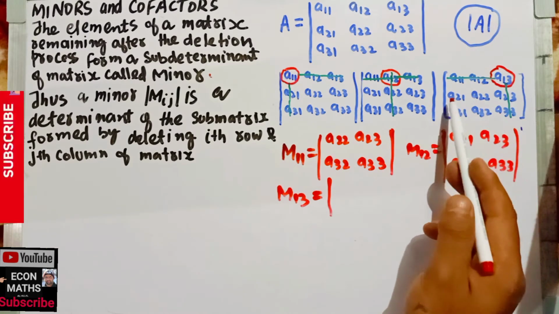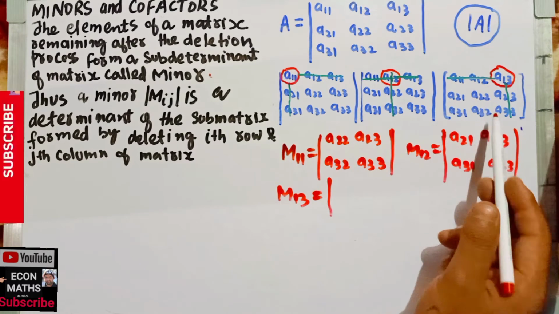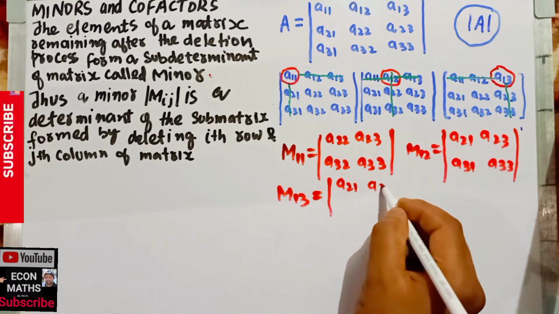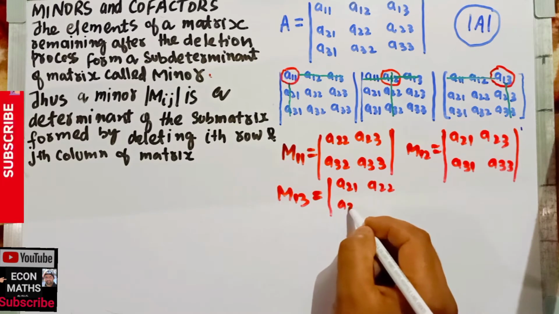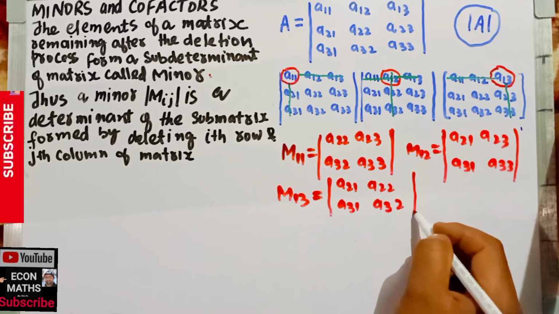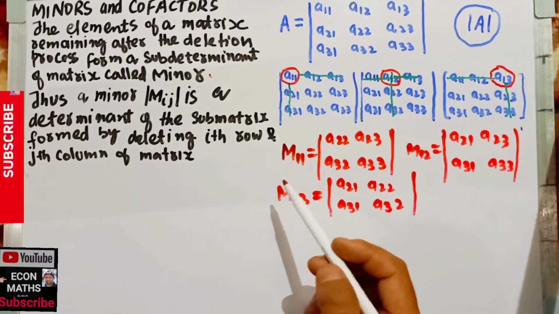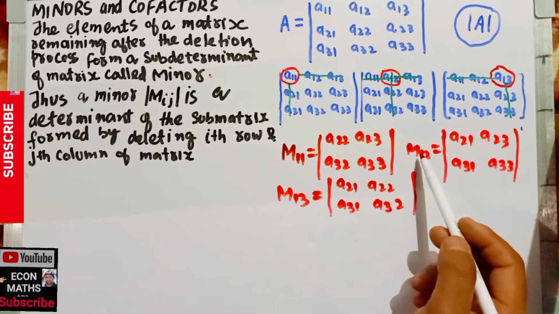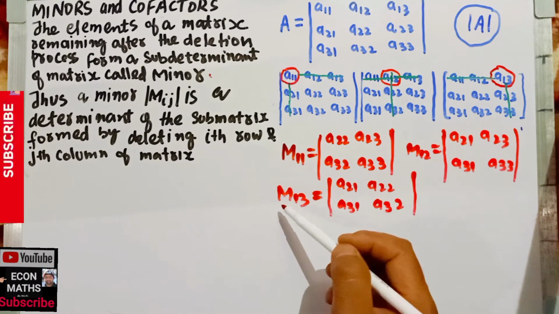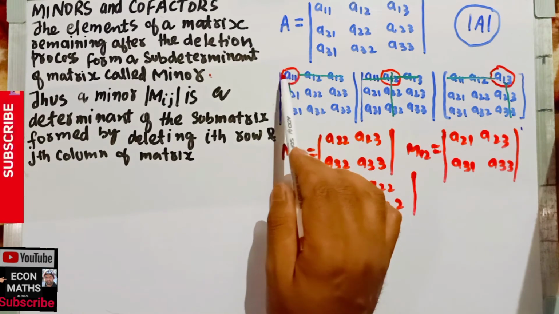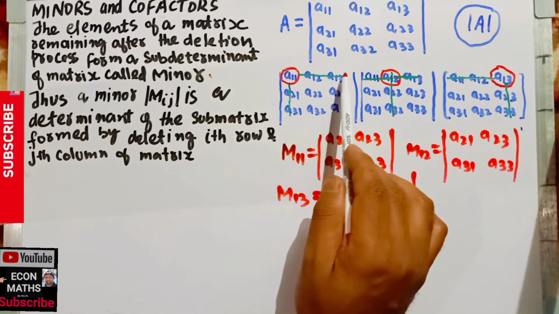Then the remaining elements are A21, A22, A31, and A32. So M11, M12, M13 are the minors of A11, A12, A13.